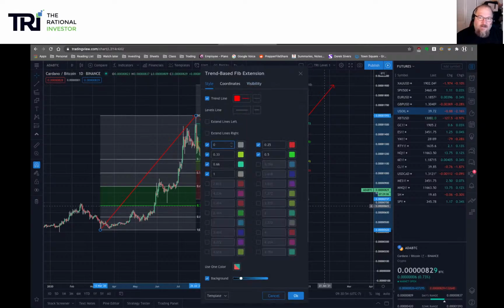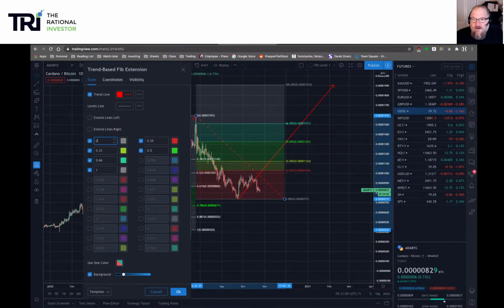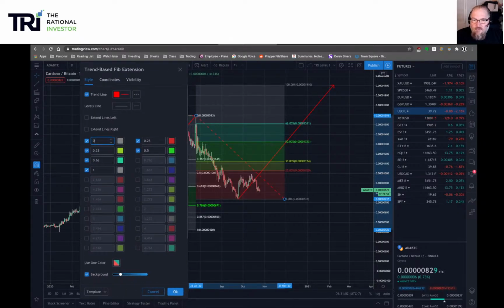I did long ago. I set mine up with 0 and 1 as the boundary. Then I put 33% in here because for this ABCD range, if I get a trade in here, I'm getting a 2 to 1 risk to reward. 2 up, 1 down.